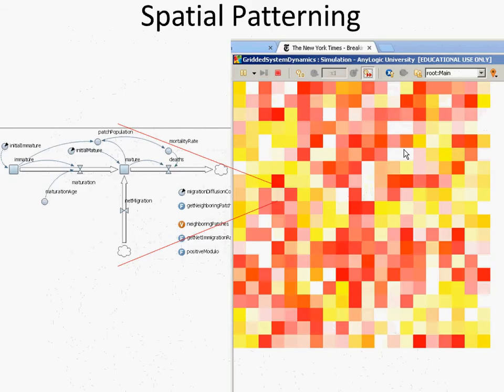Another model you'll find in Moodle is a model where we have a space tessellated, gridded up into squares, and each of those squares has a dynamics characterized by stocks and flows.